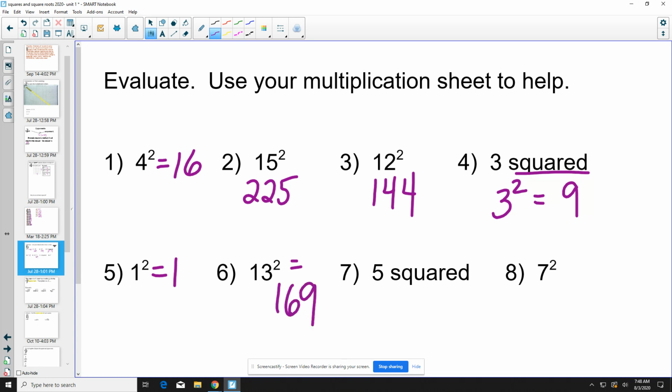Try number 7. 5 squared is 5 to the second, which means 5 times 5, the answer is 25. Try number 8. 7 squared would be 7 times 7, which is 49.